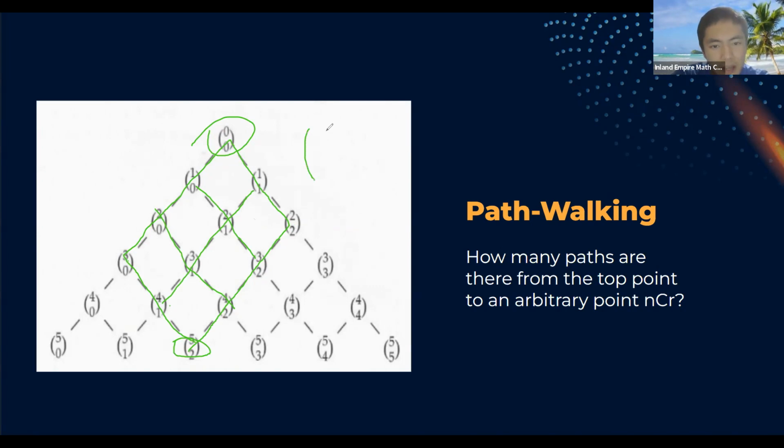So out of the 5 steps you have to take, 2 of them have to be going right. As a result, this is also the number of paths you could possibly take, and that evaluates to 10, as we have seen before. And so this is a really cool property of Pascal's triangle, counting grids.